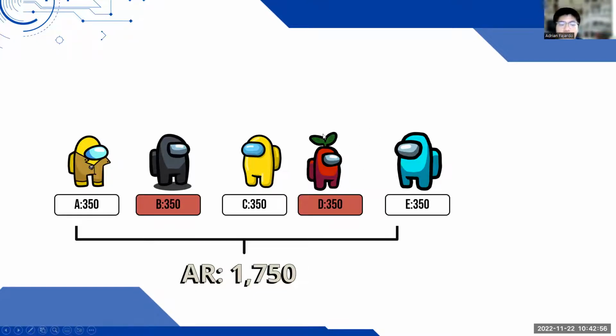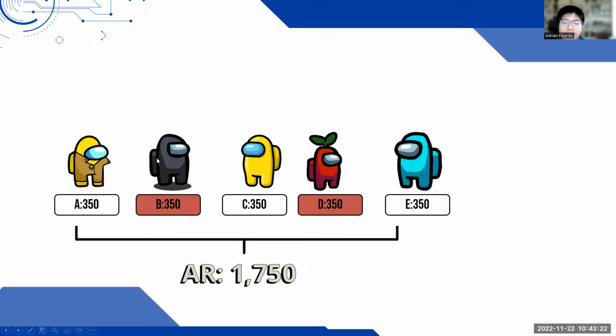I'll never pay you back. So out of the 1,750, we have 2 clients, B and D, that will never pay us. It doesn't make sense to expect that we still have a receivable asset when in fact we know that we're never going to receive any amount of compensation from bad debts or from doubtful accounts.